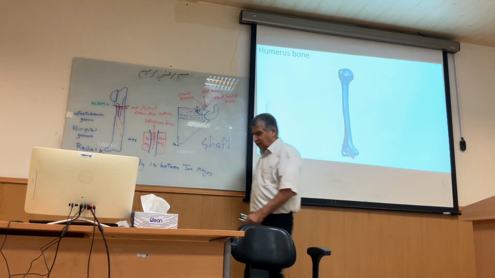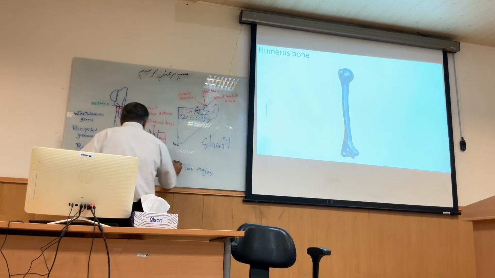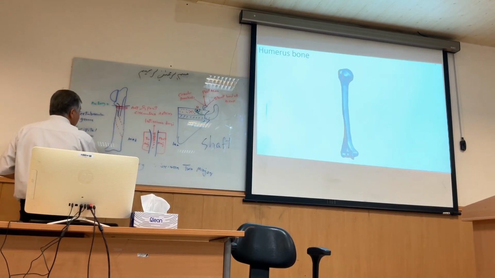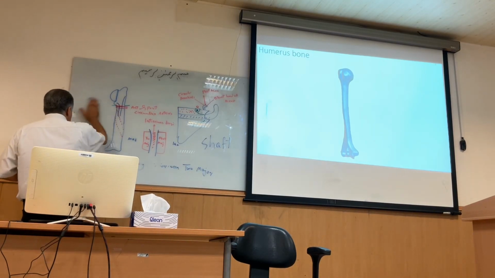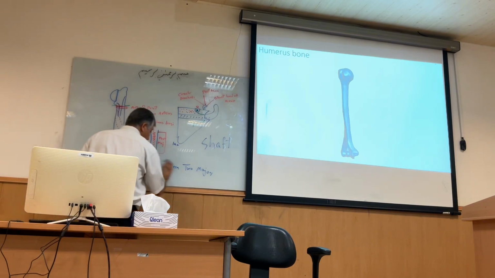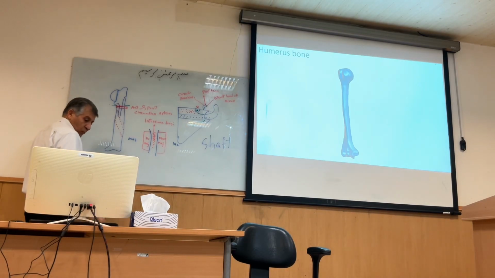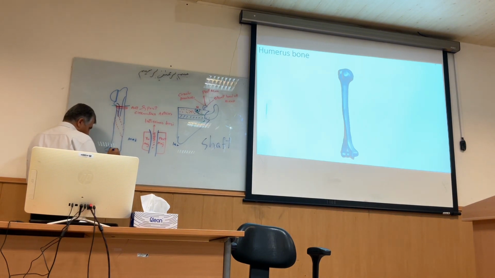Lower end of the humerus has a medial epicondyle, which is more prominent. Lateral to it, you can see the trochlea, and lateral to it a process. This part is called capitulum.